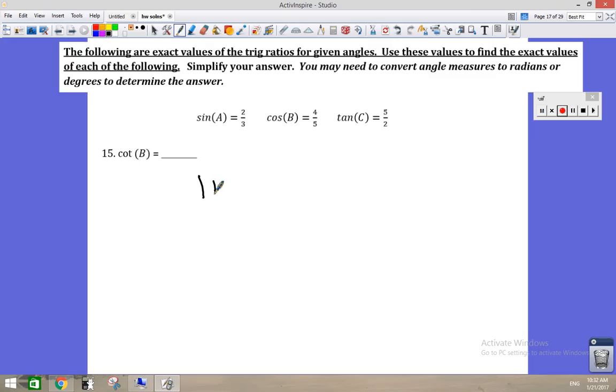Let's use the other Pythagorean identity, the one with tangent. Even though this is cotangent, I'm going to solve for tangent and take the reciprocal, because if they give me cosine, I can take the reciprocal of cosine and have secant.